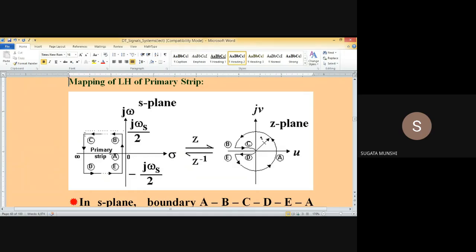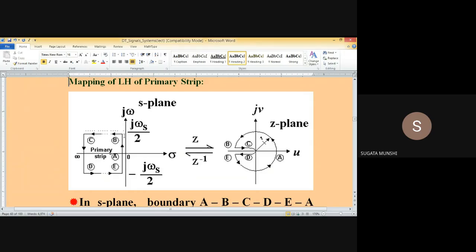As we reach there, we will come down, still traveling along the boundary. Then as we reach the point corresponding to minus j omega s by 2, which is another boundary of the left half of the primary strip, we'll come to the right and come back here ultimately.